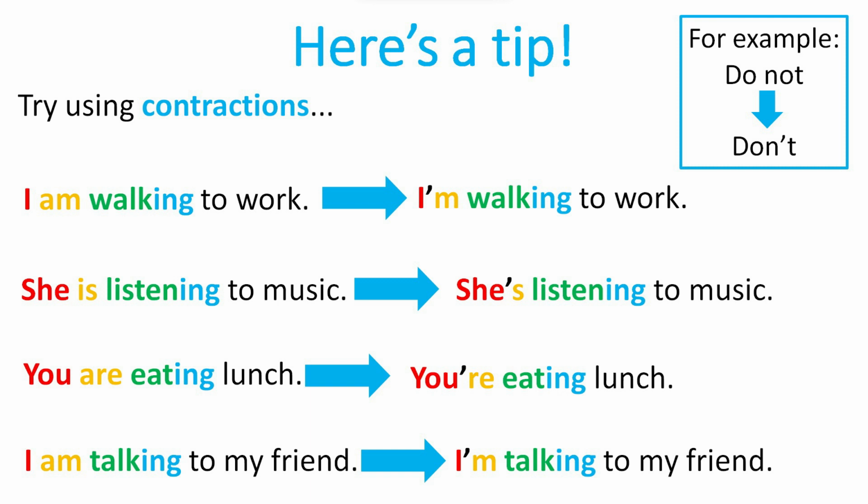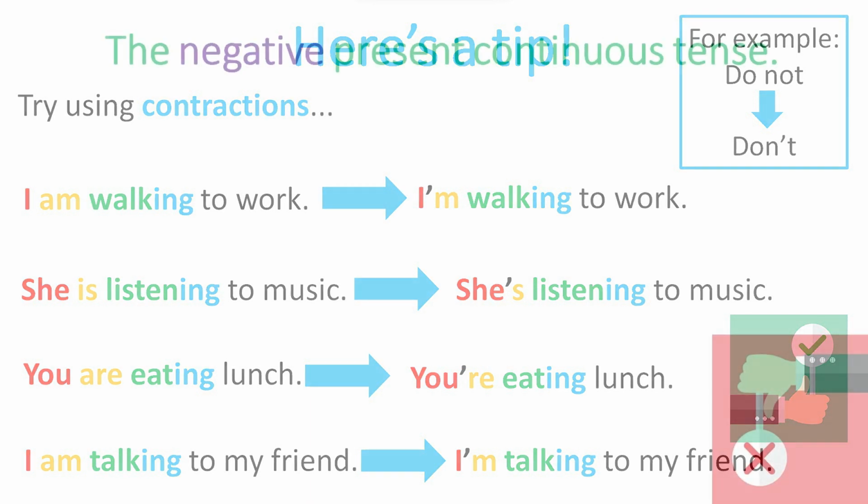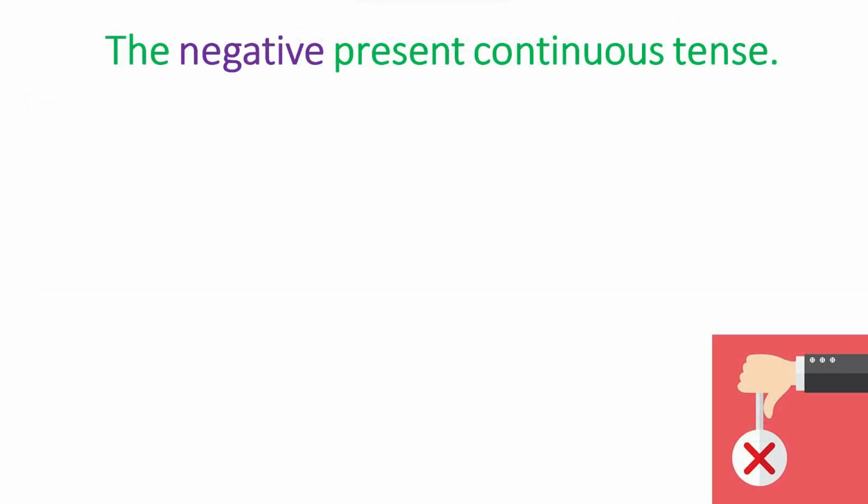So, I have one last question about these sentences. Are these sentences positive or negative? They are positive sentences. So, let's think about how we can make them negative. In English, this is really easy.